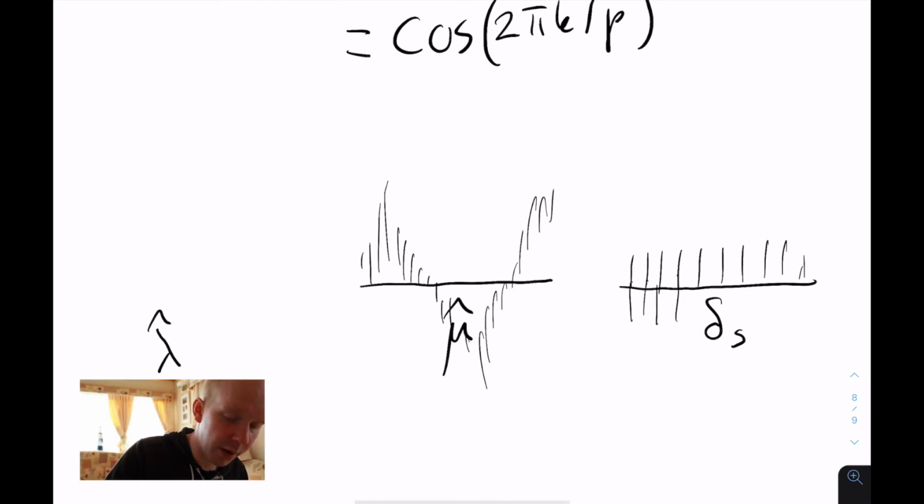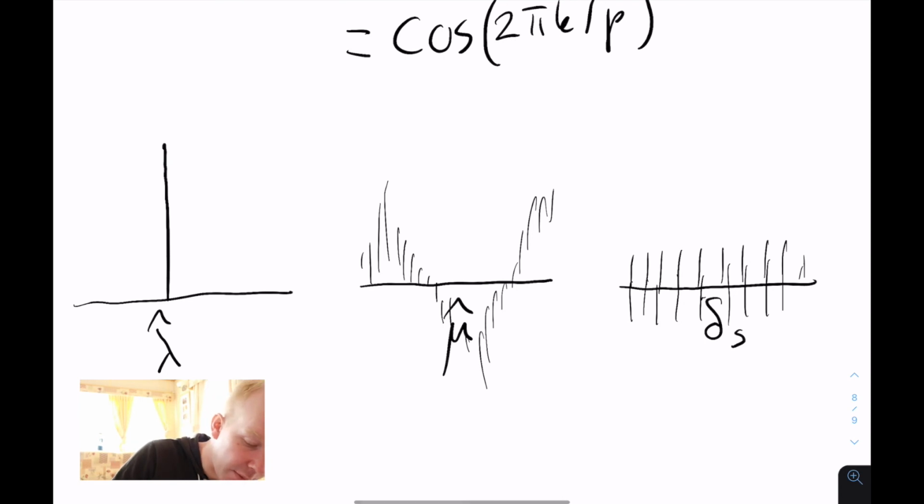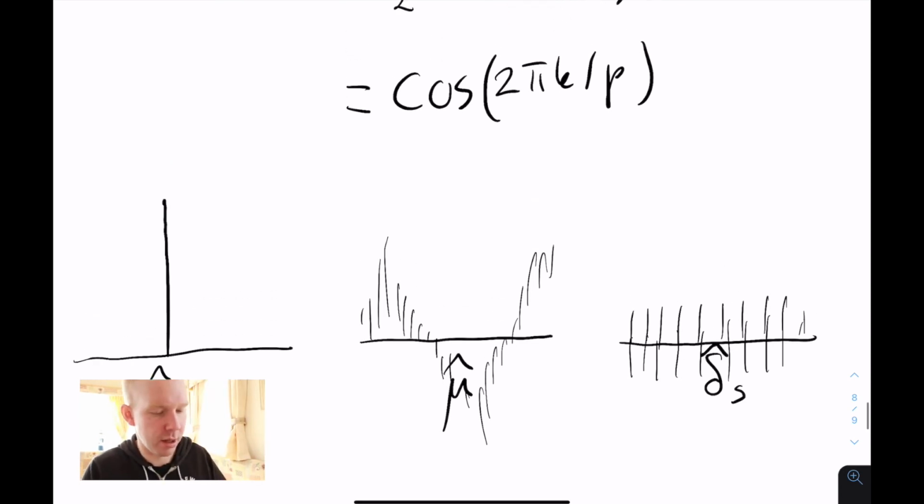You could write this like a uniform distribution, while the Dirac mass is concentrated on these points. So the Fourier transform of this mu is somewhere in between the Fourier transform of the Dirac mass and the Fourier transform of the uniform distribution. And you can compute it from the numbers of this cosine.